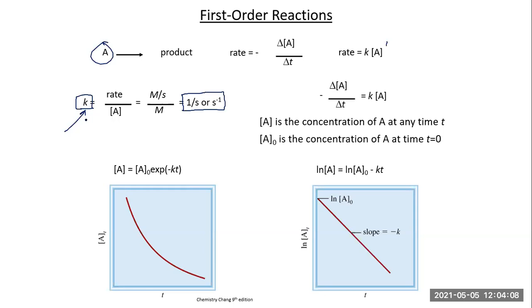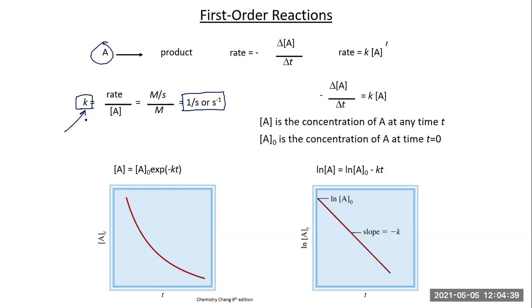Obviously, if we do an experiment in the laboratory, we probably aren't going to be running it for days or years, so seconds is a very common unit. But again, just a side note, it does not necessarily have to be seconds for it to be first order. Something like 1/minutes also indicates first order. So it really is that 1/unit of time that makes it a first order reaction.